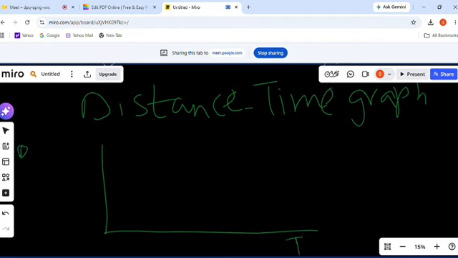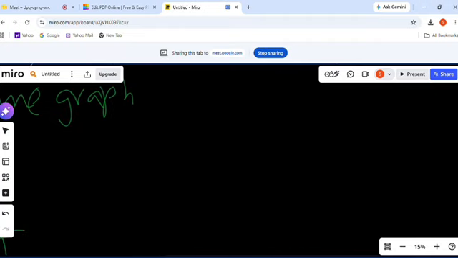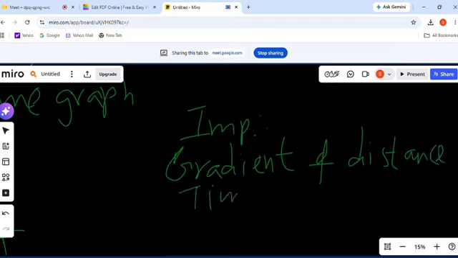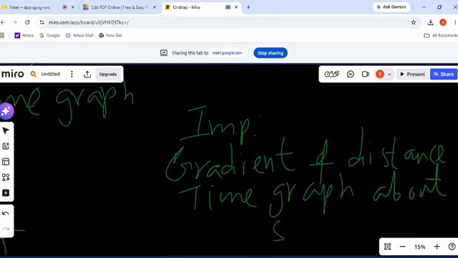First of all, the main important thing, you can write it in your notes: the gradient of a distance time graph tells us about speed.